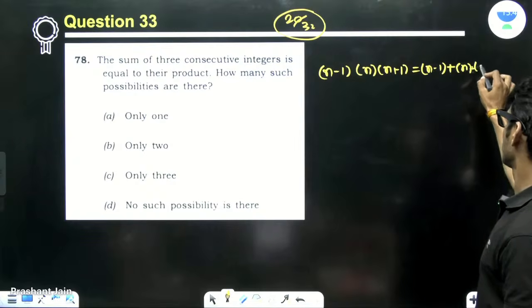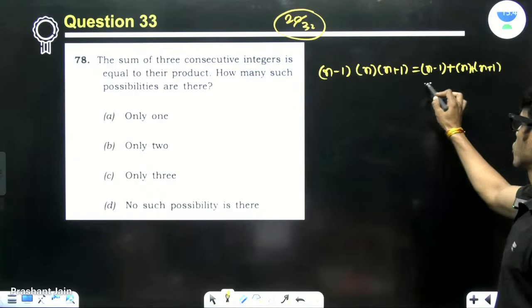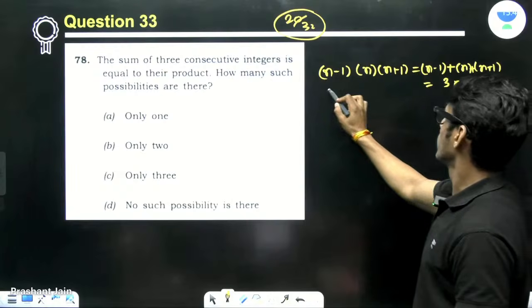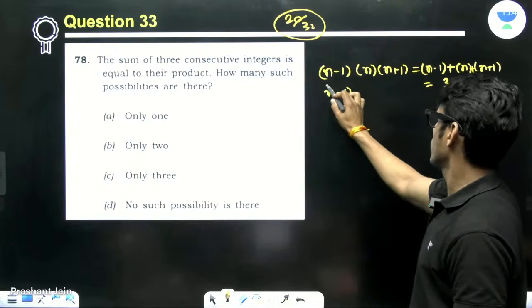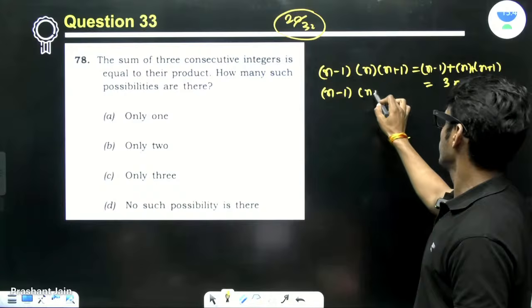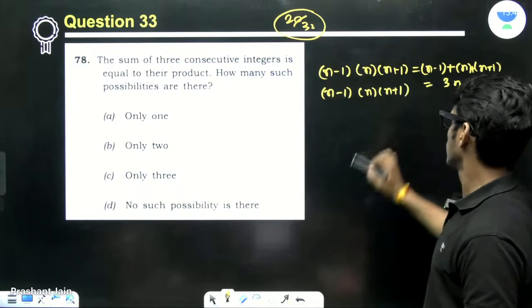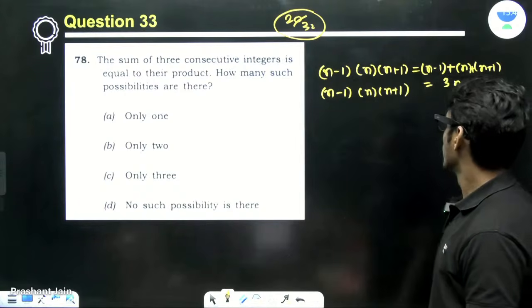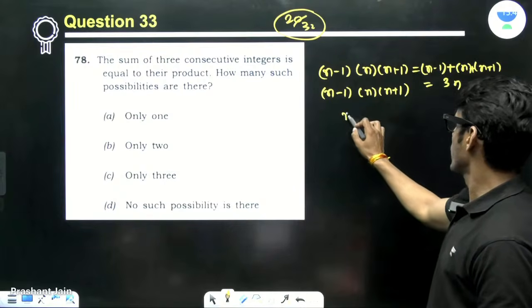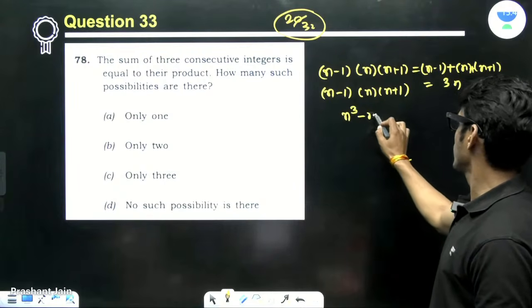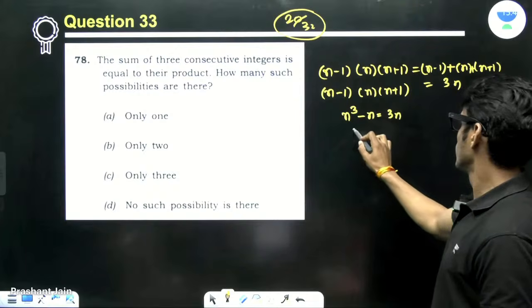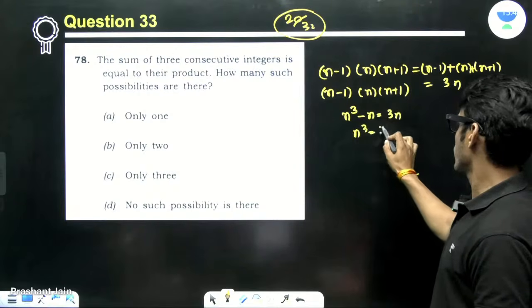Right? This is the trick. So you will have 3n here. N minus 1, n, n plus 1. Okay. So you will have n cube minus n equal to 3n. So n cube equal to 4n.